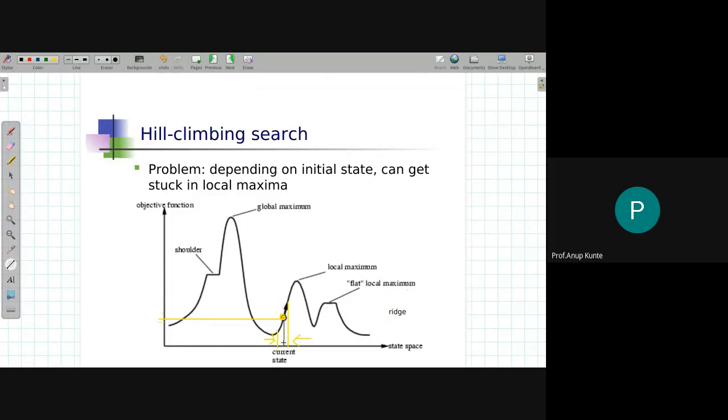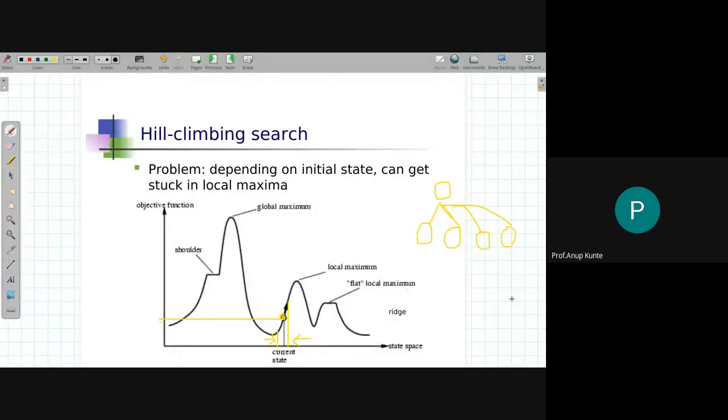Imagine the tree that we have looks something like this: this node which we are pinpointing as the current node, and possibly there are 4 child nodes to this current node.